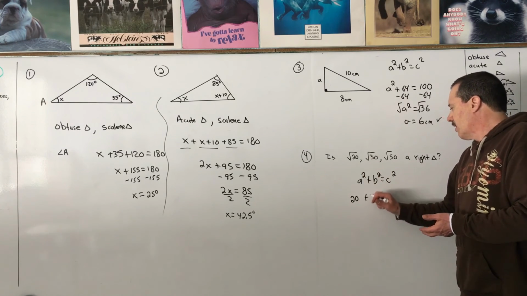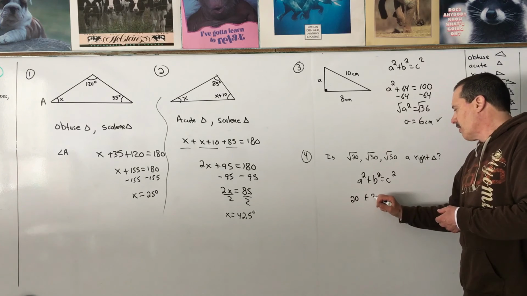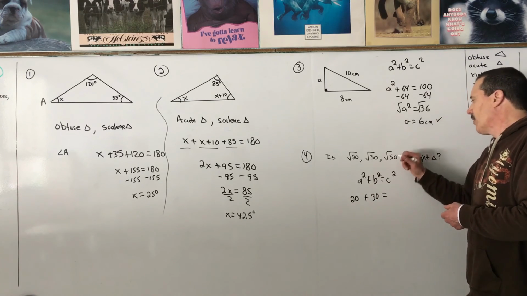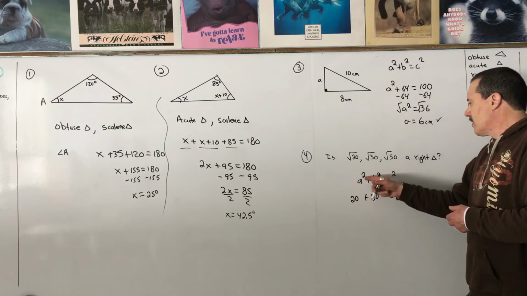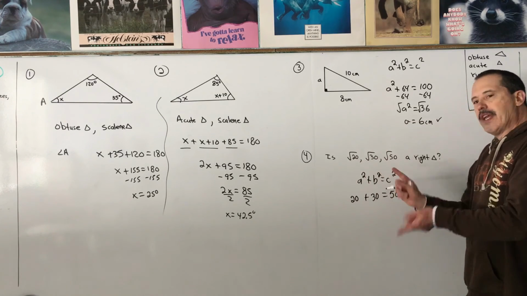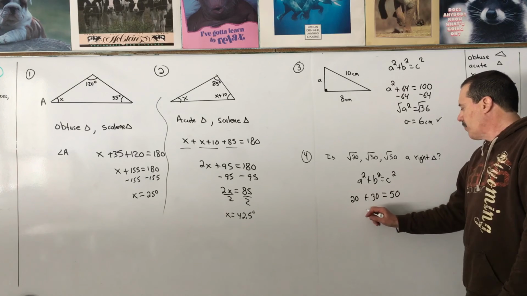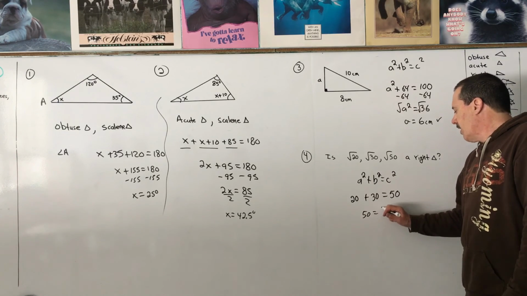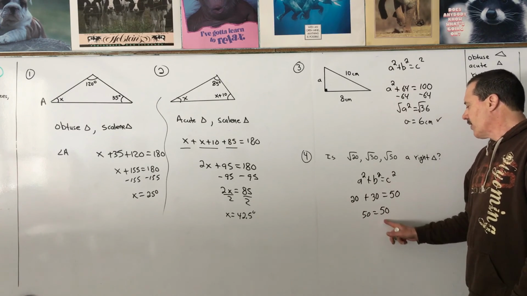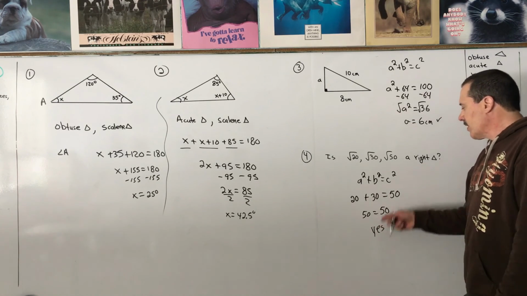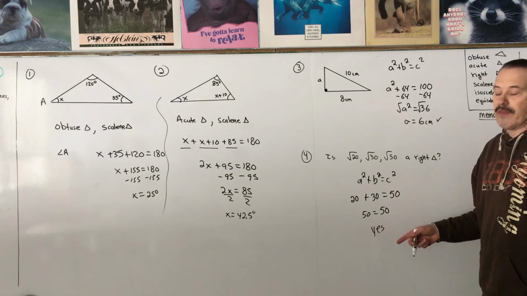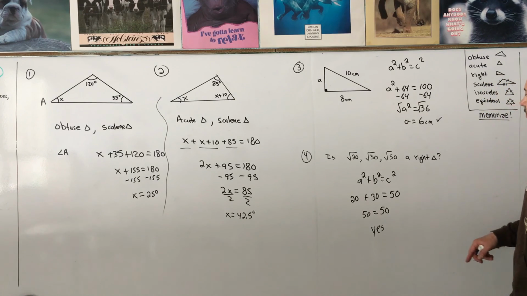And the square root of 30 squared is just 30. And the square root of 50 squared is just 50. And what happens is the square takes out the square root. They kind of cancel each other out. So we get 20 plus 30 is 50. If these two sides, or these two numbers, equal each other, then your answer is yes. But this is your proof, and you have to show that to me in your work today that you have to do.